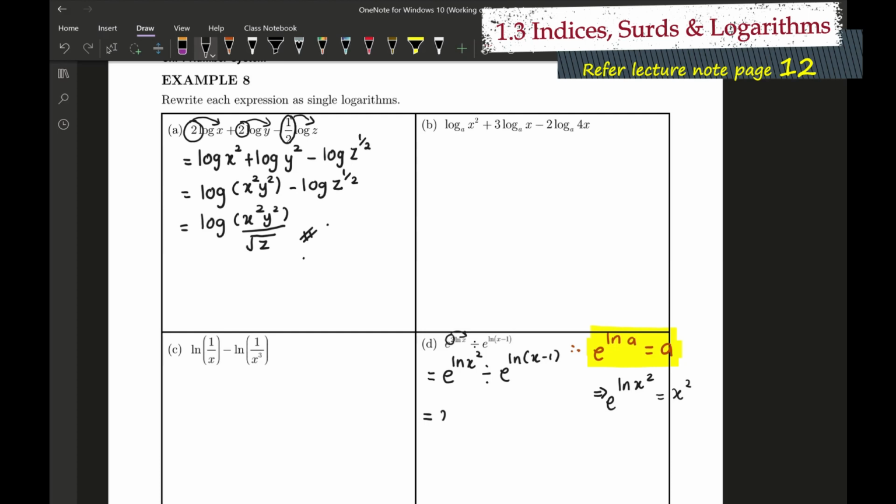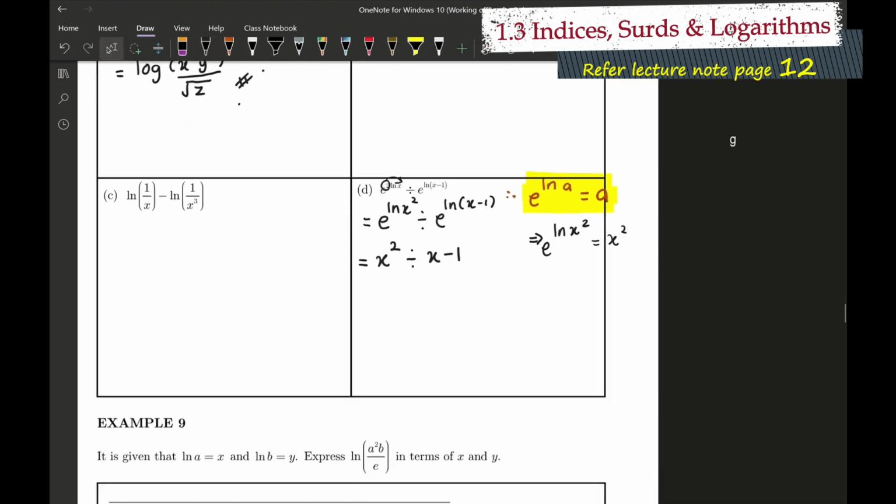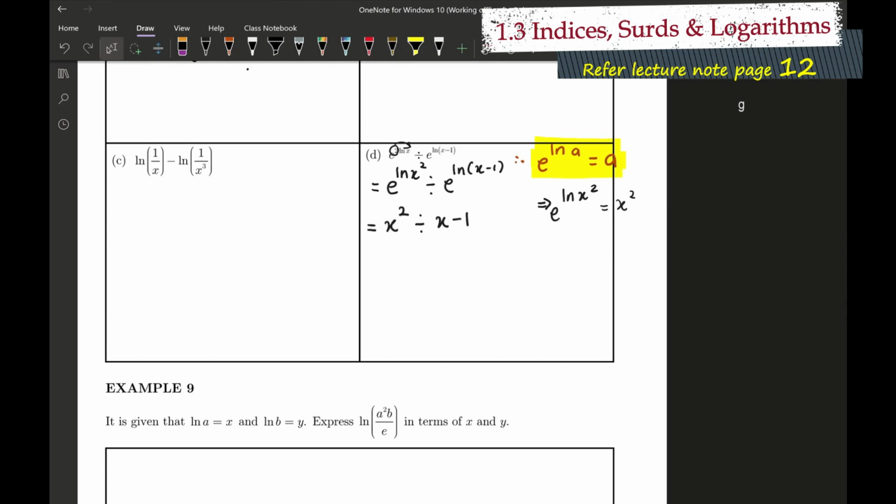This one becomes x square divided by x minus 1, correct? Okay, by using these properties. Here, sorry, I forgot to put the bracket. So, now the final answer, put it into fraction, it will become x squared over x minus 1.